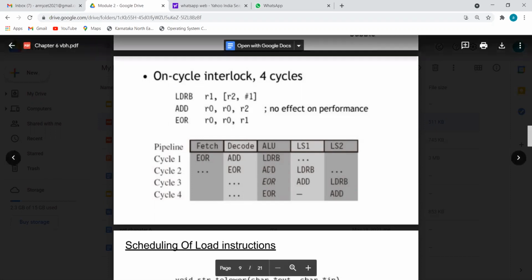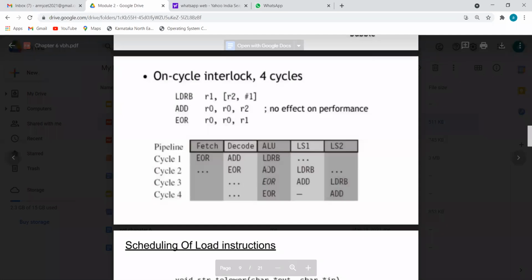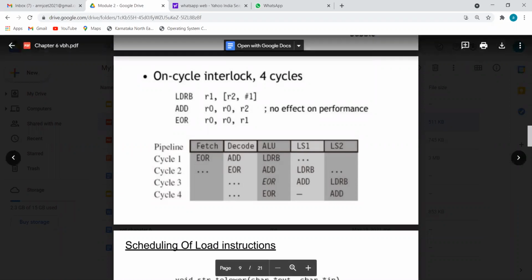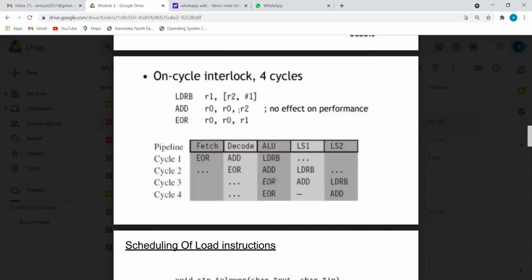Now, what is the next instruction here? Add. Add will execute in the next level, R0 plus R2. Okay, so what happens for R2? If there was a colon, it would undergo R2 plus 1 and updation. So R2 updation also requires one extra cycle.